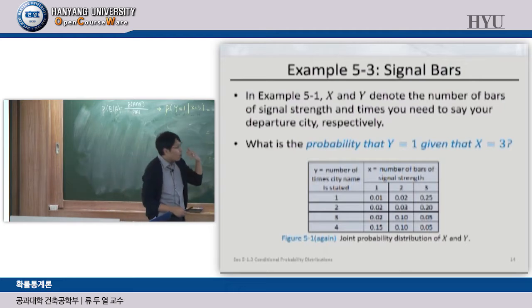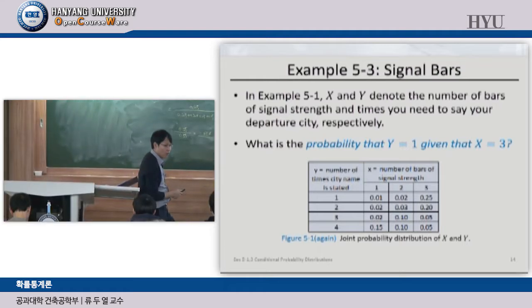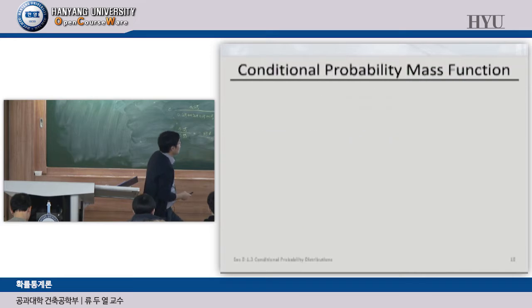Okay? So, to solve the conditional probability problem, we first need to know the joint probability mass function and also the marginal probability mass function. That's why we already learned them. And this is about the conditional probability mass function.